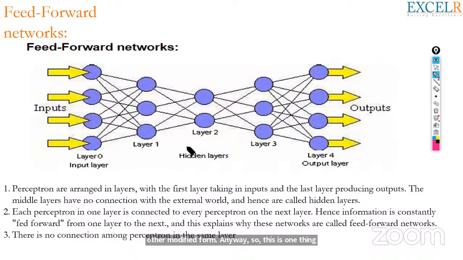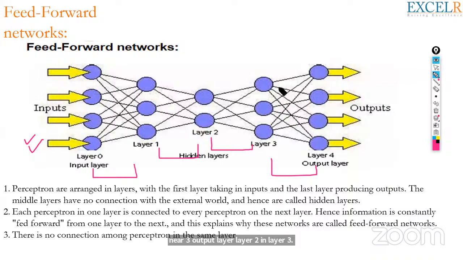Second thing, guys, if you see in this particular neural network architecture, in between any two layers, like input layer and layer one, layer one and layer two, layer two and layer three, you can see each and every possible connection is available, right?